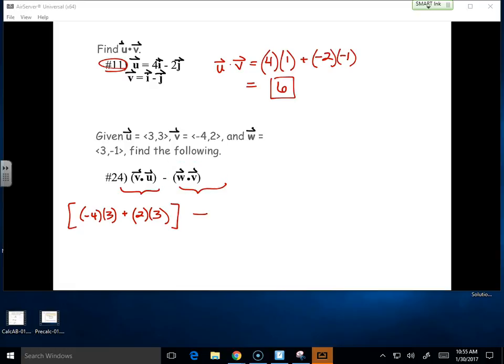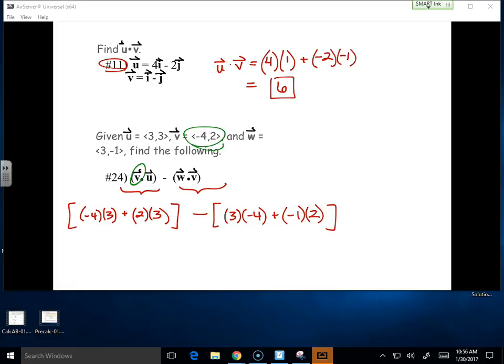So how do we do w dot v? Horizontal times horizontal plus vertical times vertical. Pause, hold on. Everybody tracking with where those numbers are coming from? Check out v, we were taking it piece by piece.